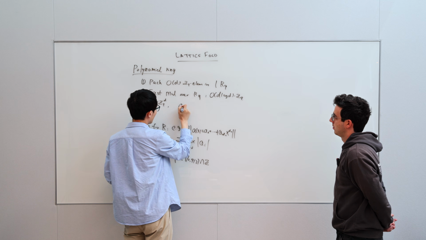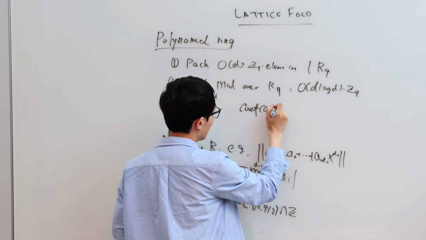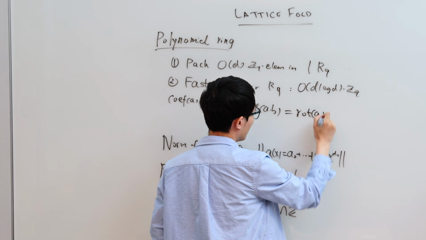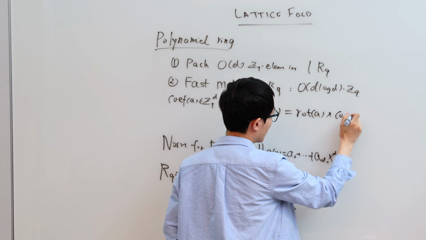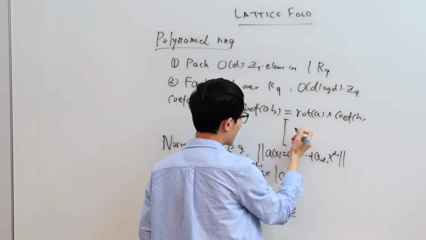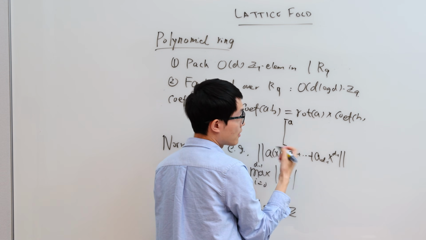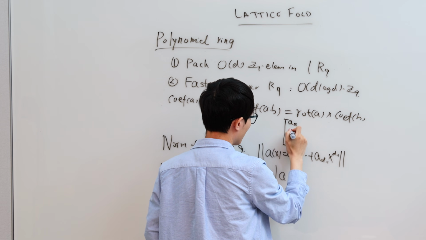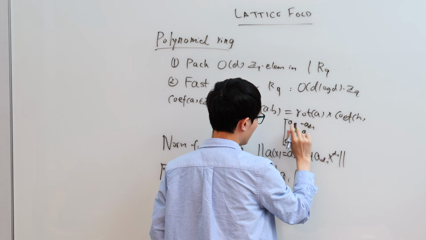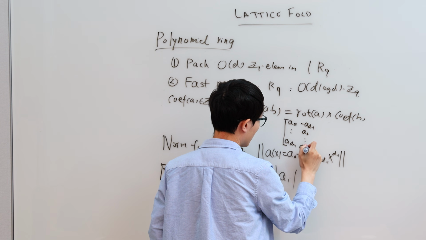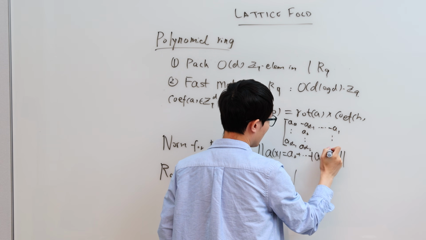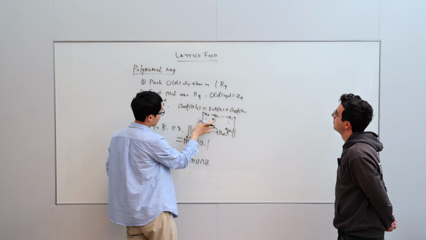The coefficient vector of A times B is the convolution matrix of A times the coefficient vector of B. This convolution matrix is an anti-circular, cyclic matrix: A0 to A_{D-1}, then minus A_{D-1}, A0 to A_{D-2}, and so on, down to minus A1 to A0. This is a D by D matrix.